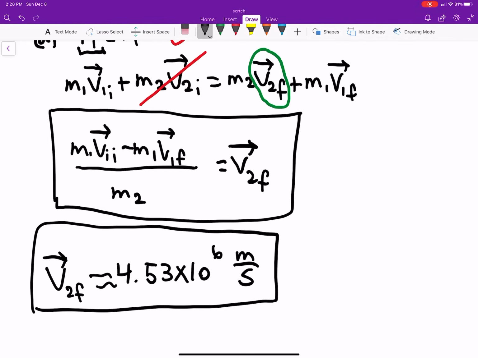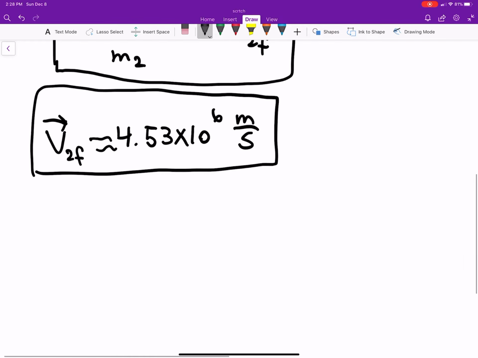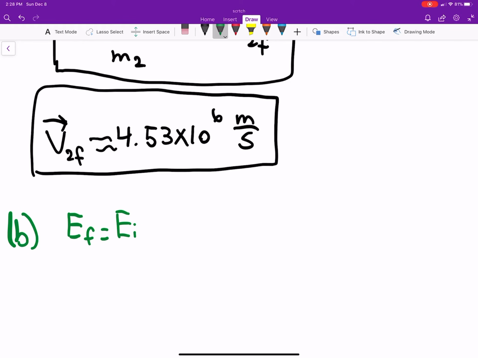But part B wants us to find the same answer, so this should be an easy check, but using conservation of energy. In other words, energy final equals energy initial, right? Energy is conserved in this particular case.